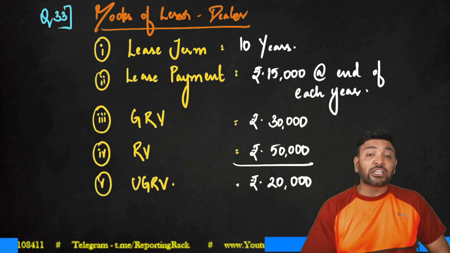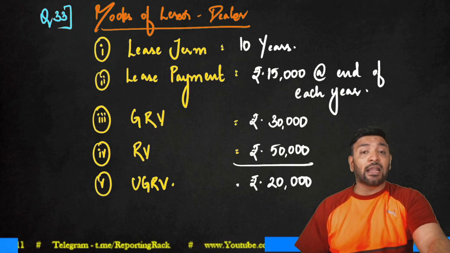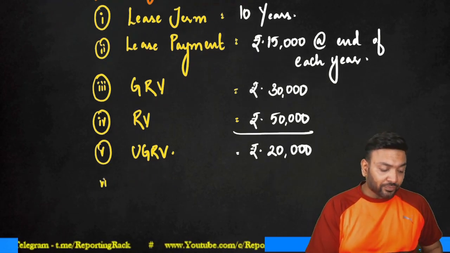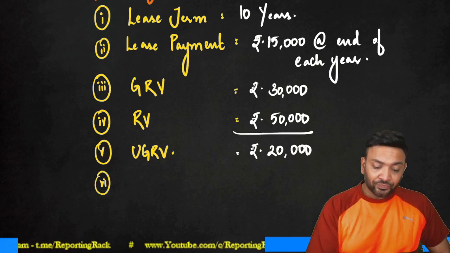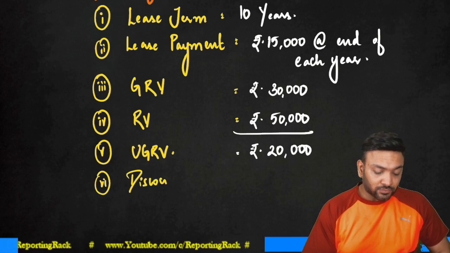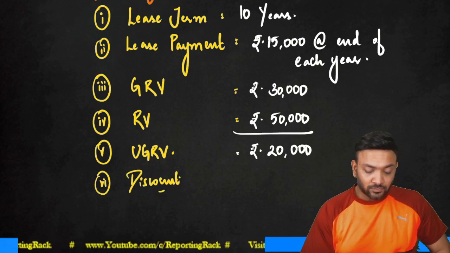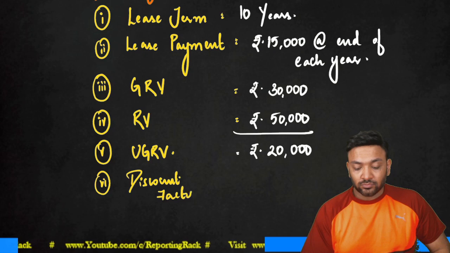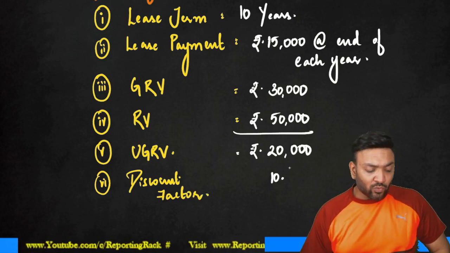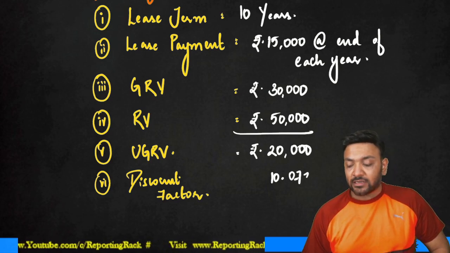Apart from this information, towards the end, he also gave me additional information regarding the discount element. The discount factor is 10.078%.